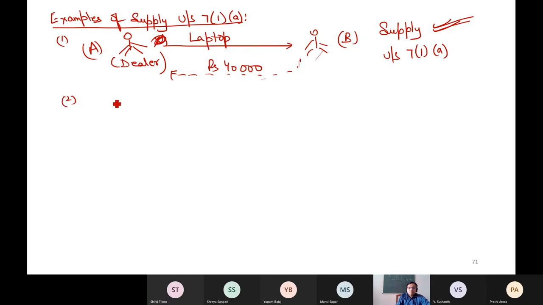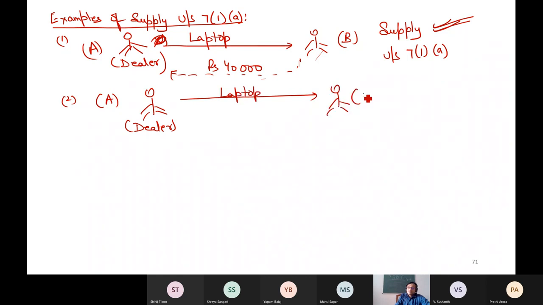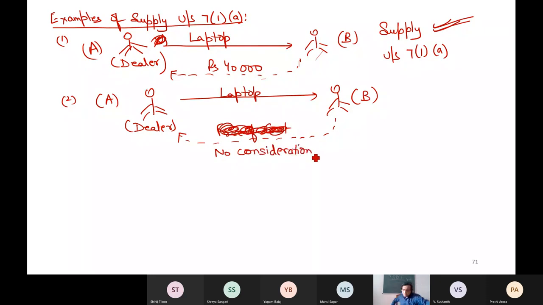Next example, Mr. A, dealer in laptop, gives laptop to B free of cost, no consideration, neither cash nor non-cash. I can say no consideration is received by A. Can you tell me whether it is a supply under section 7(1)(a) or not?